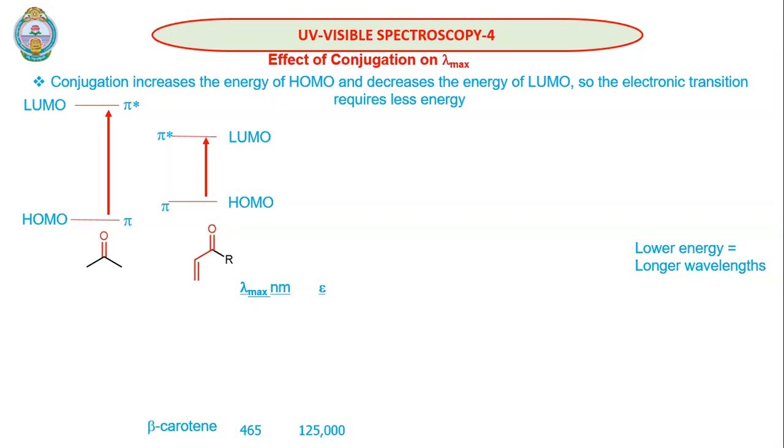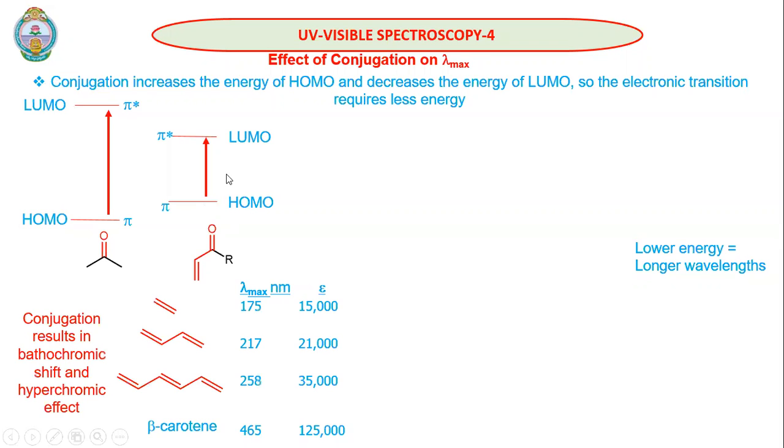So with increase in conjugation, the energy required for electronic transition will come down. That is what is called bathochromic shift or red shift. Either energy decreases or wavelength increases.